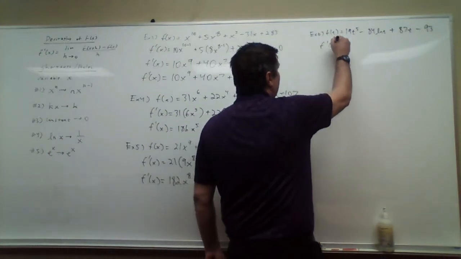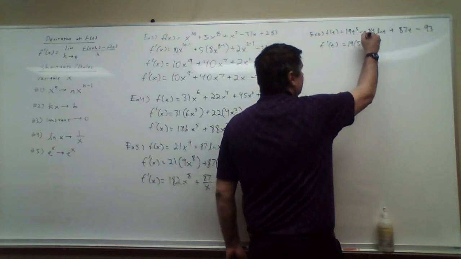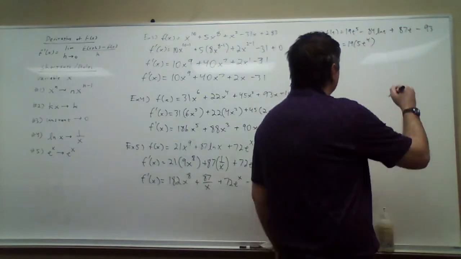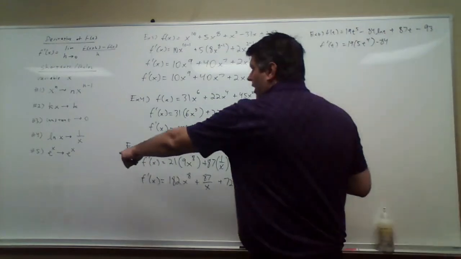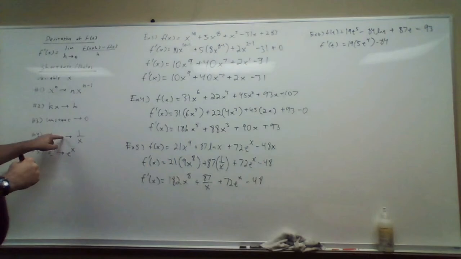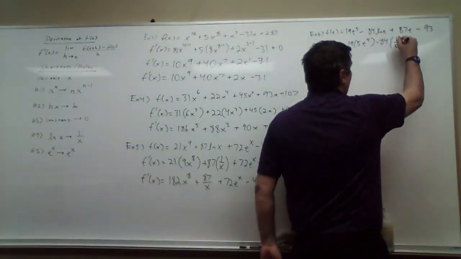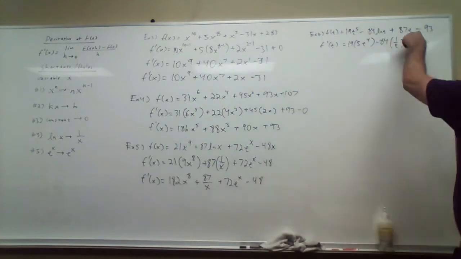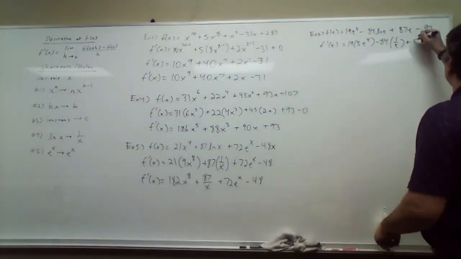So f prime of t will equal 19 times 5t, and we go down a power to 4, minus 84, the natural log of t. The natural log of our variable differentiates as 1 over the variable. So 1 over t, plus the derivative of a number times t, we'll just leave the number.